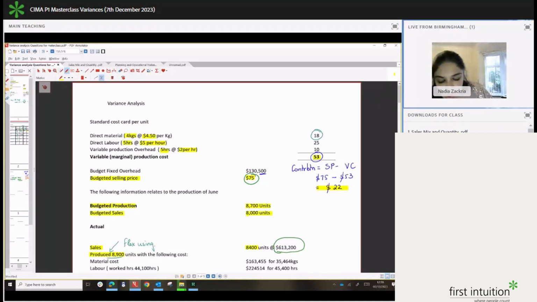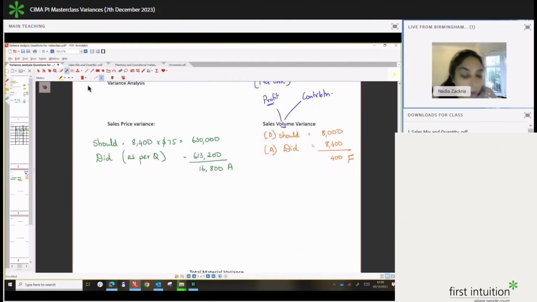Okay, so to convert the 400 units into a variance in dollars, we're going to multiply that with a standard contribution as per our working, which was 22.